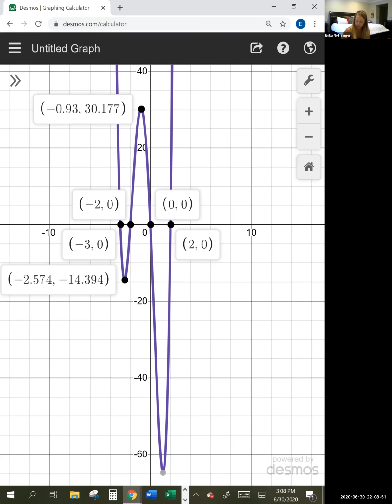We have an absolute min here because this is the lowest value on the whole graph. And notice we don't have any absolute maximum values because both of those graphs on the end behaviors are shooting up forever. Unless we limited the domain, then it has to have an absolute max, absolute min by that extreme value theorem that we talked about.